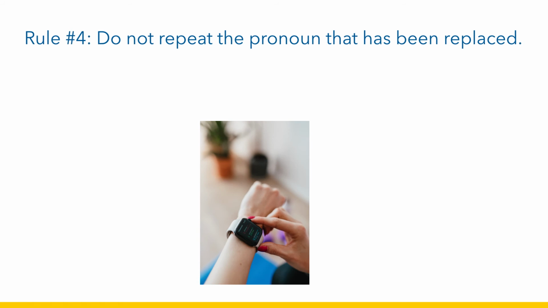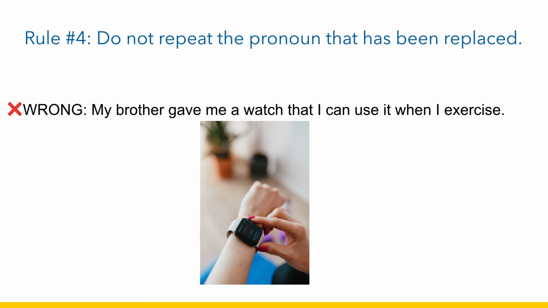Here's a similar mistake. This time, the extra word is an object. Can you find the word that we should remove? Well, here's a hint. In this adjective clause, that is an object pronoun. It means it, the watch.